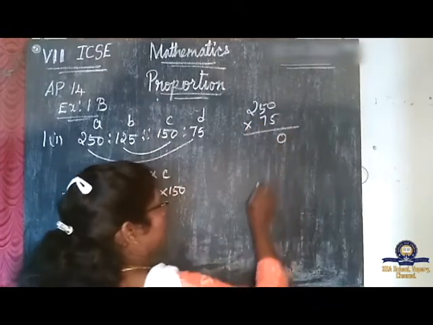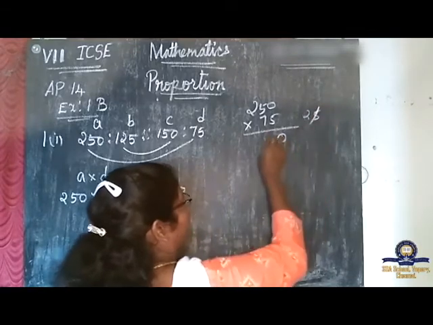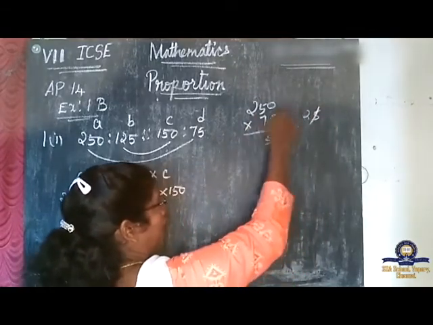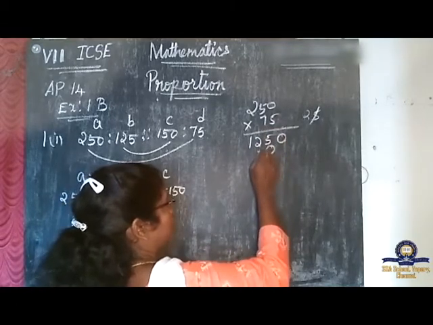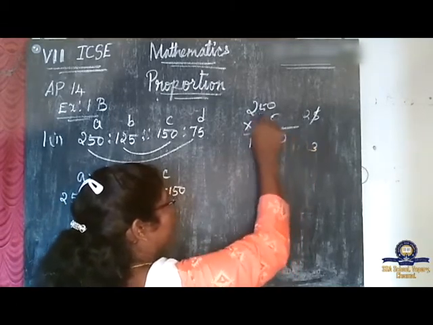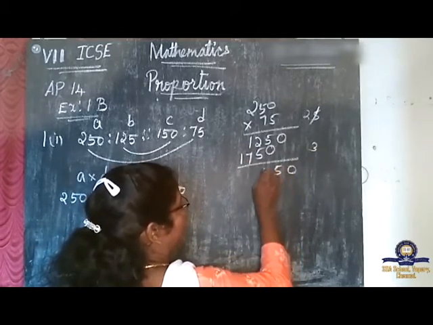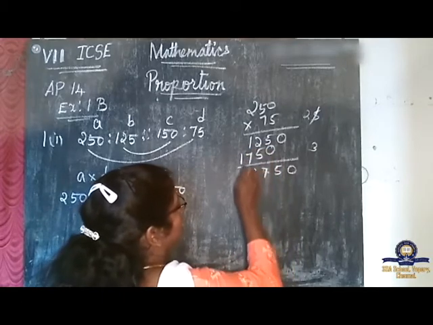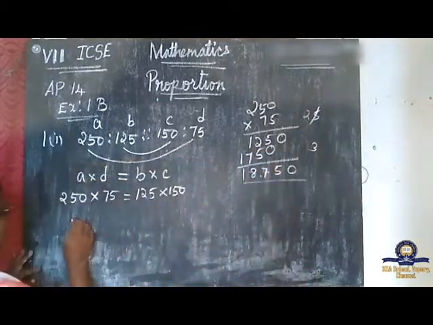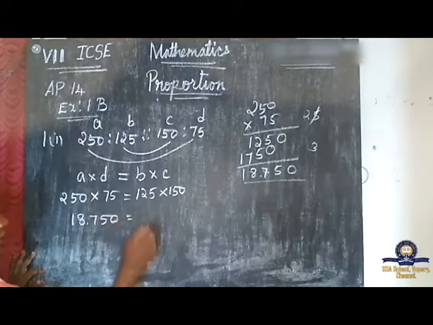Listen. 5 zeros are 0. 5 5s are 25, 5 right. 5 2s are 10, 10 plus 2, 12. 7 zeros are 0. 7 5s are 35, remainder 3. 7 2s are 14, 14 plus 3, 17. So your answer is 18,750. One side we got.